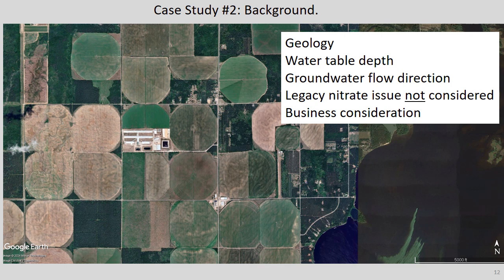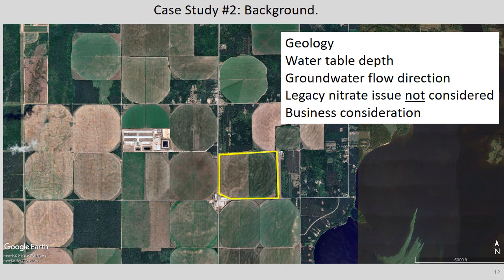Nobody considered legacy nitrate as a possibility for the problems encountered by these residential wells. And the business consideration was the dairy didn't think they were responsible for it because simple calculations showed that the groundwater couldn't move that far, but had to go through the process.